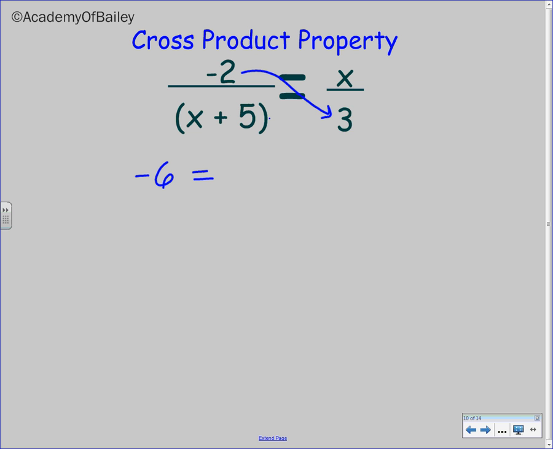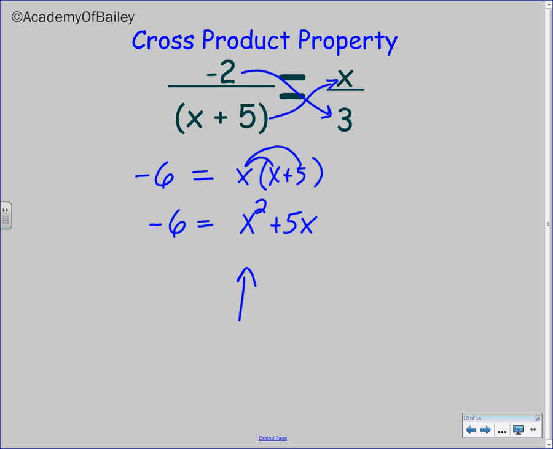And then we're going to say x plus 5 being multiplied by x. Distribute, we get x times x, which is x squared, and then x times positive 5, which is a positive 5x. That's equal to negative 6.